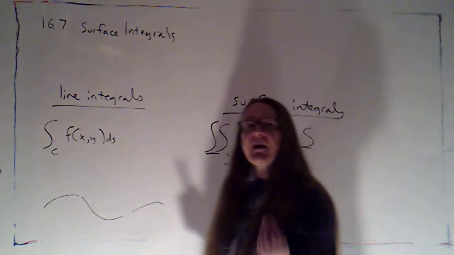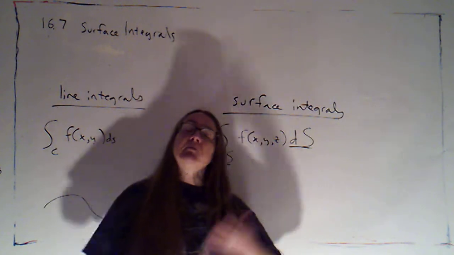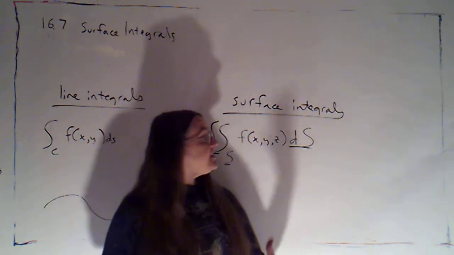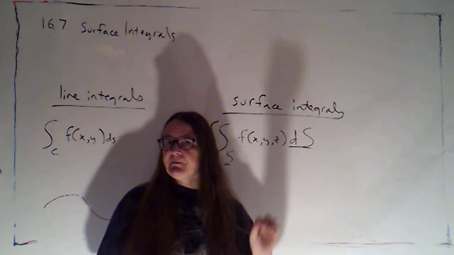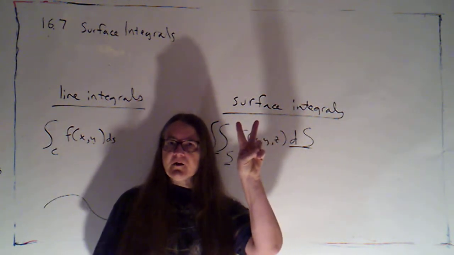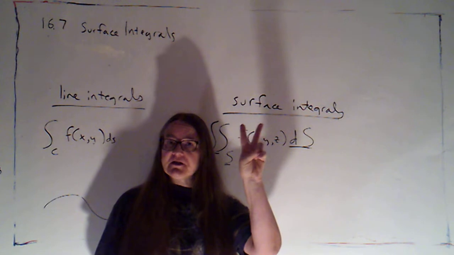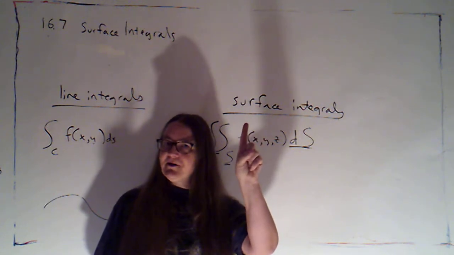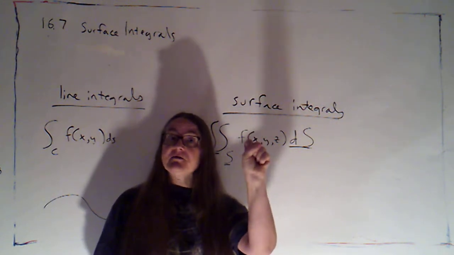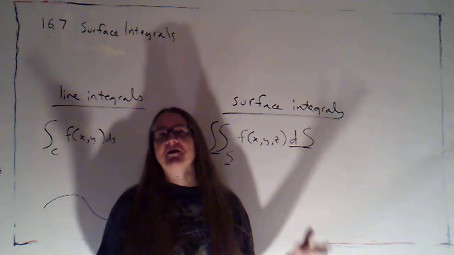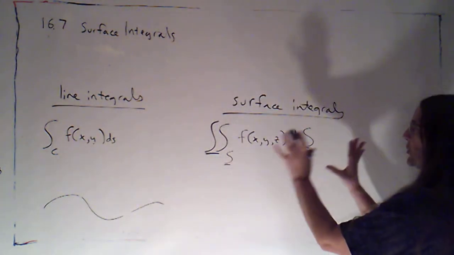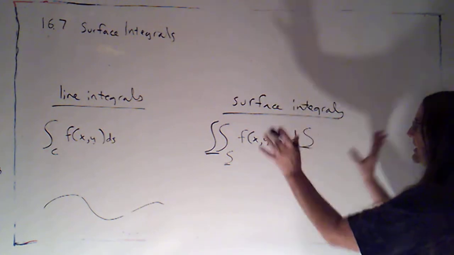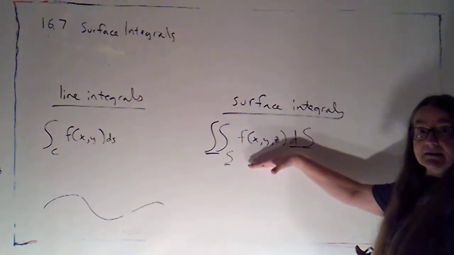But each time I integrate, I get rid of 1 variable, because each time I integrate, I plug in the limits of integration for that variable. So if I start with 2 variables, the first time I integrate, I'm down to 1 variable. The second time I integrate, I'm down to no variables. I've got just a number. Okay. So that's what we're going to do. We're going to use parameterizations in order to evaluate this.